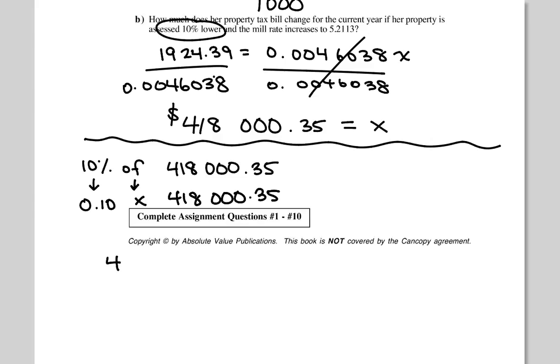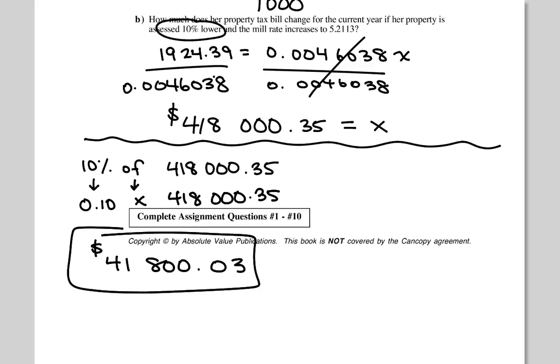And you get 41,800.03. So this is how much is going to be taken off the original price, because what we have to do here is find the assessed value that is 10% lower.